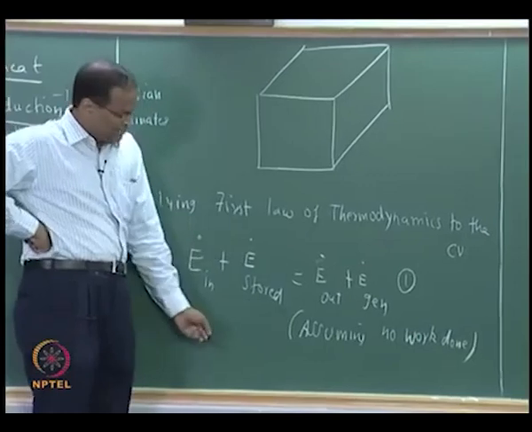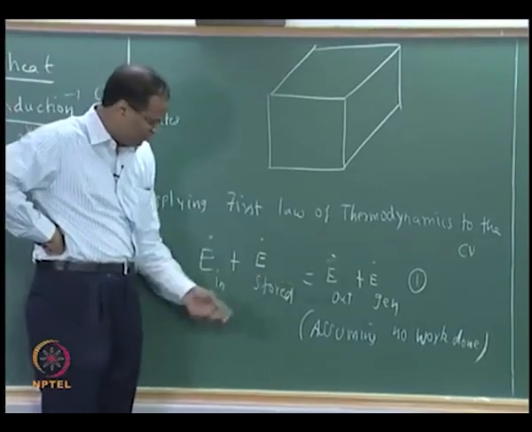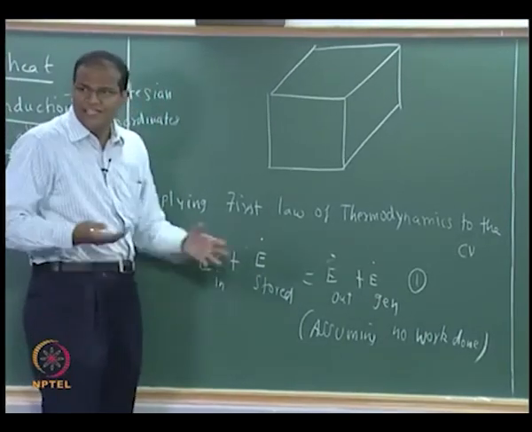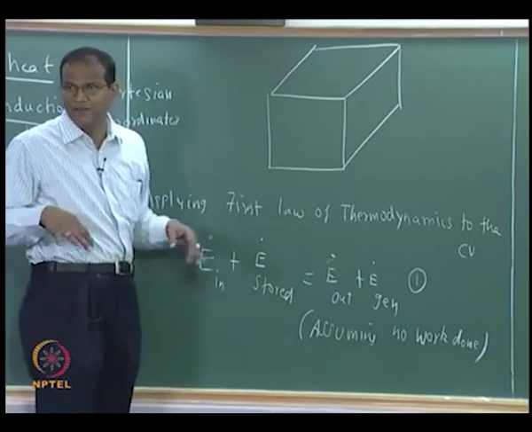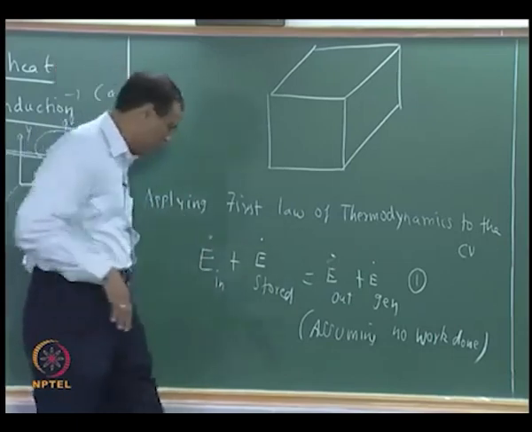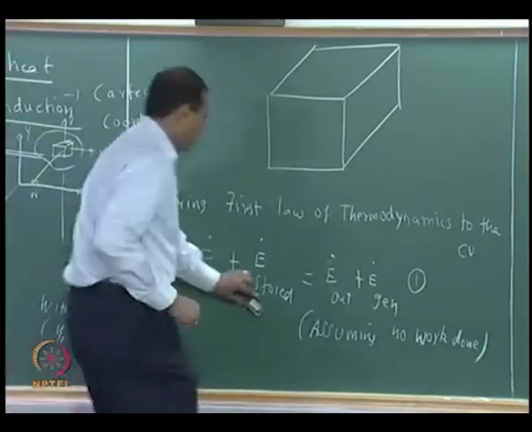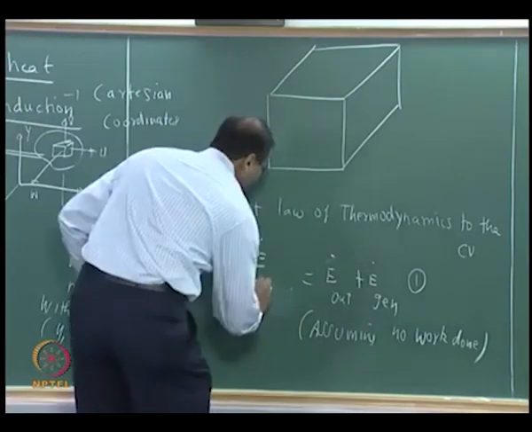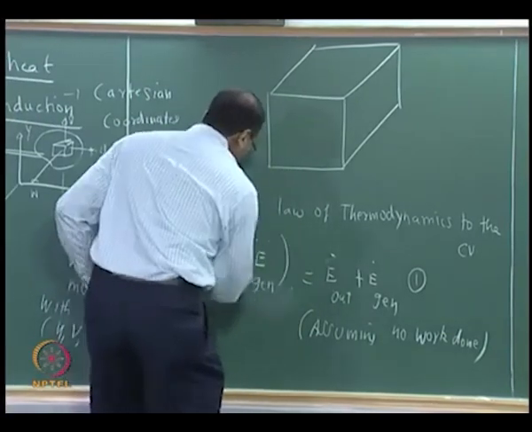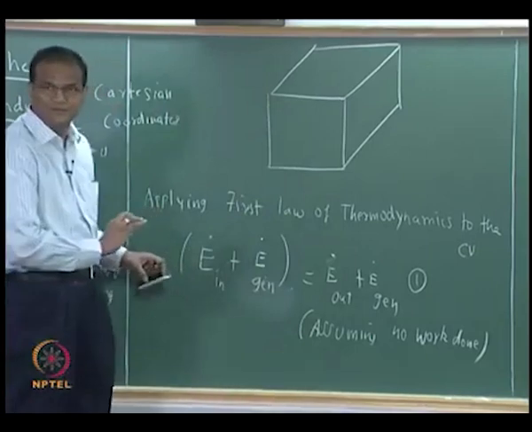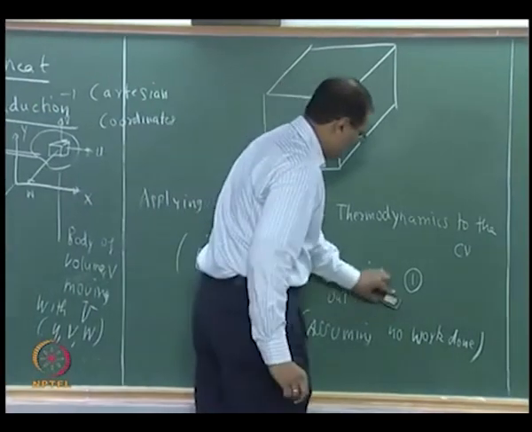So what you are saying is E in is coming, E generated is also coming, let both be on one side, okay, fine. So they are positive contributors.